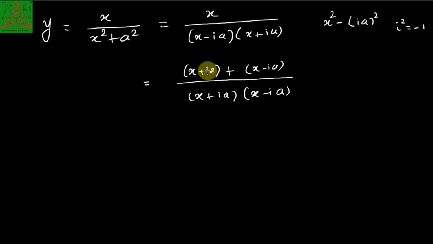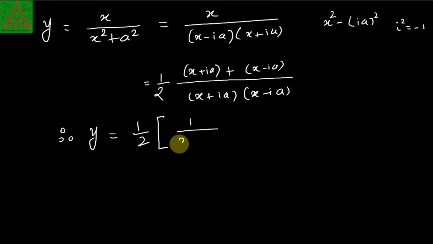So this minus ia will get cancelled and you will be left with 2x on the numerator. That's why I am multiplying by 2 here and dividing by 2 here. So now y equals 1 by 2 times 1 upon x minus ia plus 1 upon x plus ia.